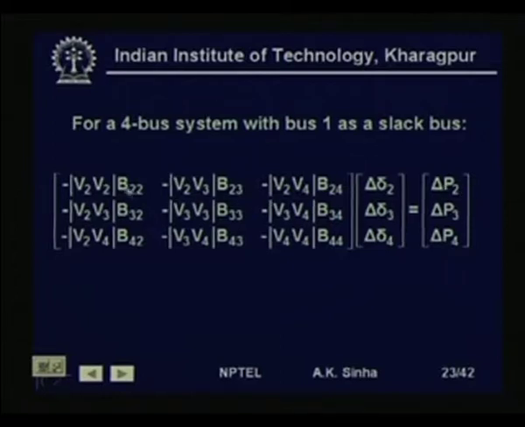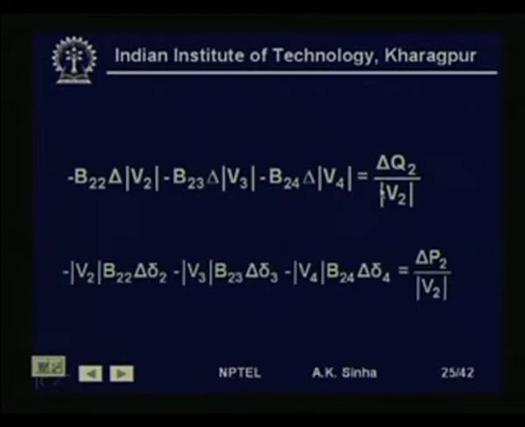Now, these V2 terms, if we take out and divide on this side, the equation remains the same. So, we have minus V2 into B22 delta delta 2 minus V3 into B23 delta delta 3 minus V4 into B24 delta delta 4 is equal to del P2 by V2.